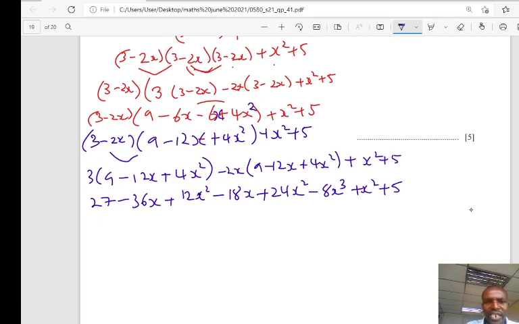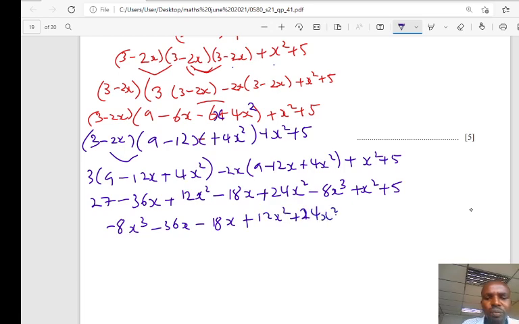Then like terms: we have minus 8x cubed. The terms with x: minus 36x minus 18x, only two. With x squared, we have plus 12x squared plus 24x squared, then plus x squared, there are three, giving 37x squared. Then the constants, plus 27 plus 5.